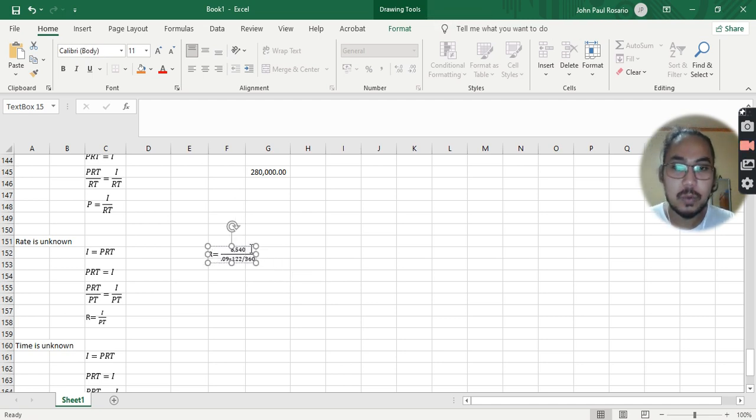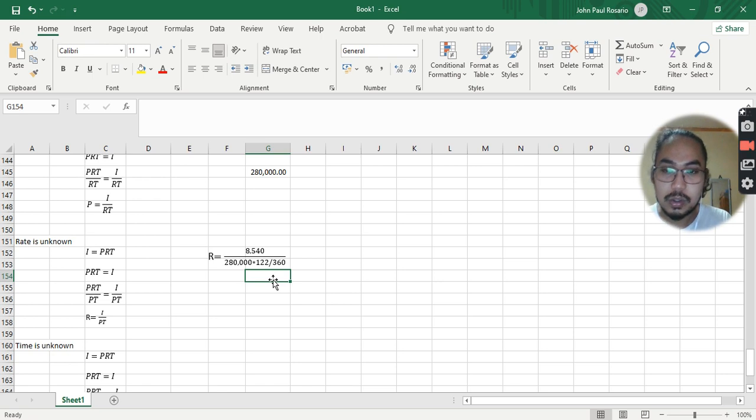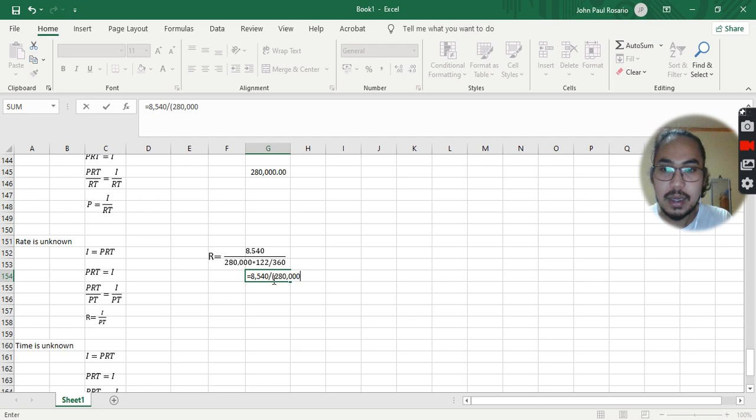Our interest is 8,540, and the principal is known, which is 280,000 times 122 over 360. So we divide 8,540 by 280,000 multiplied by 122 over 360.